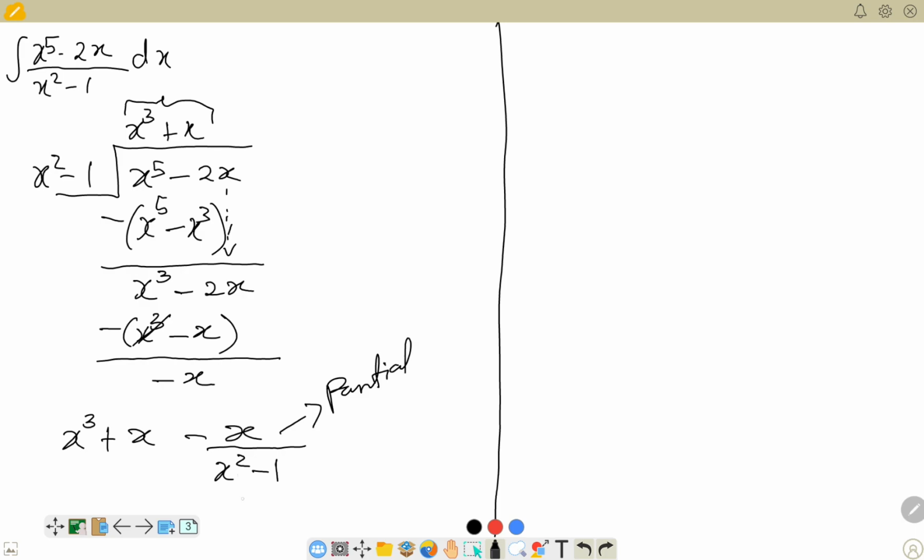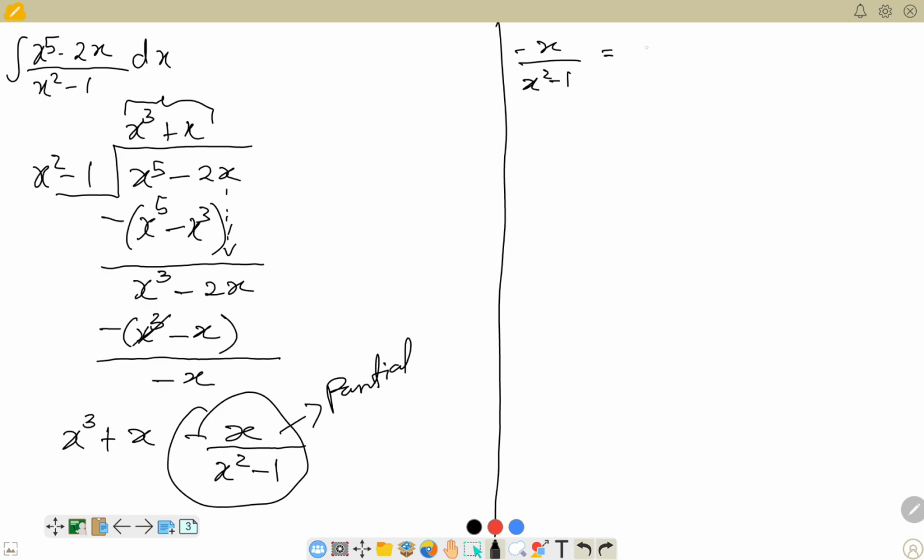We can see that we can integrate this by natural log, but let's do it by partial fractions so that we can see how it works. So if we are having negative x over x squared minus 1, remember, I'm only taking this out now.